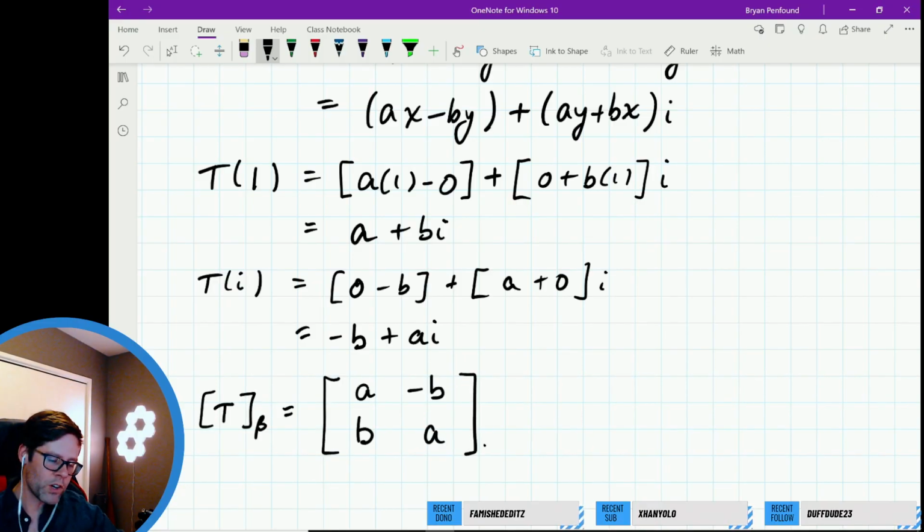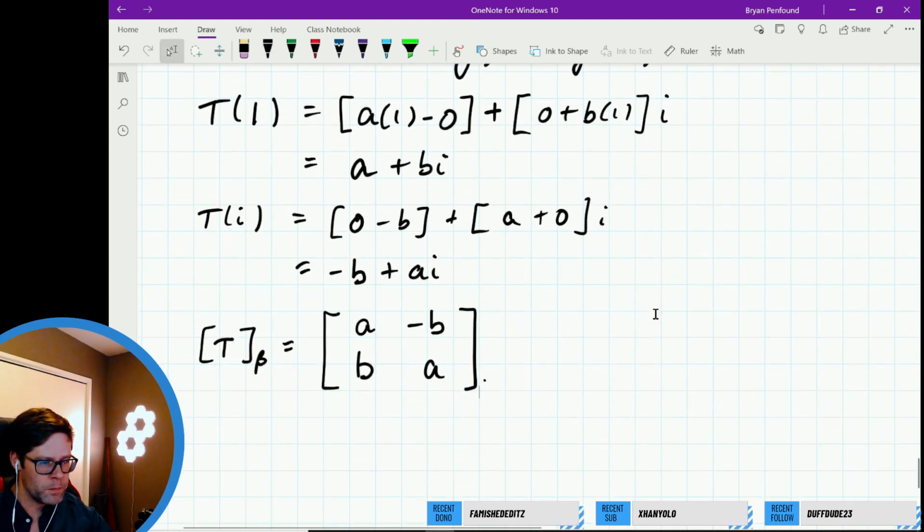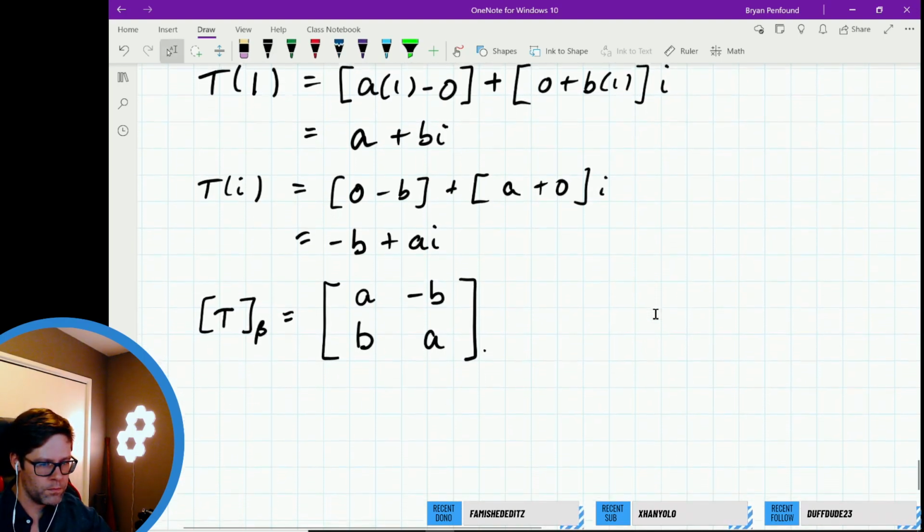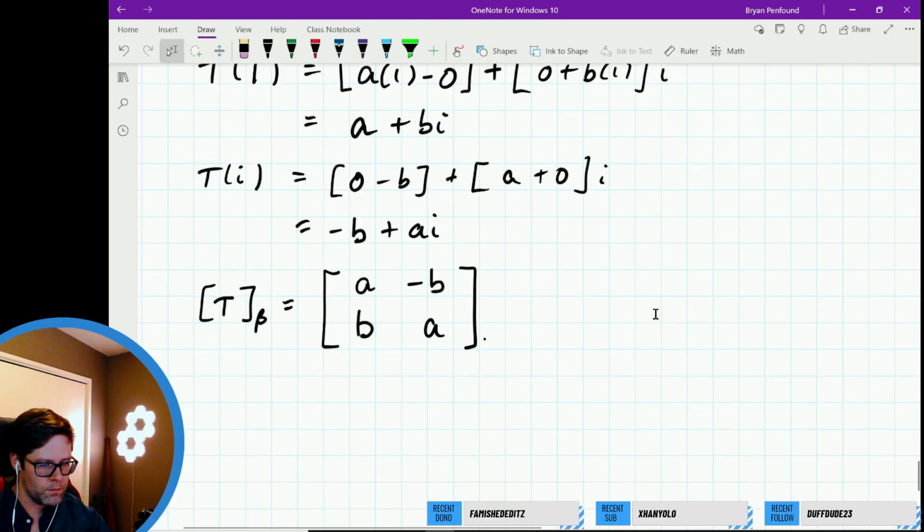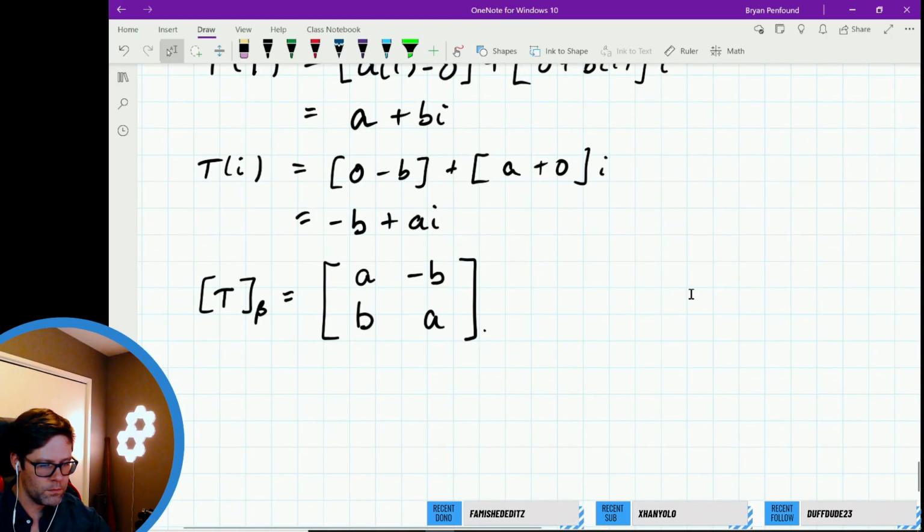That looks like a symmetric matrix. So that's no, it's skew symmetric. No, it's not. There's something weird going on here, though.